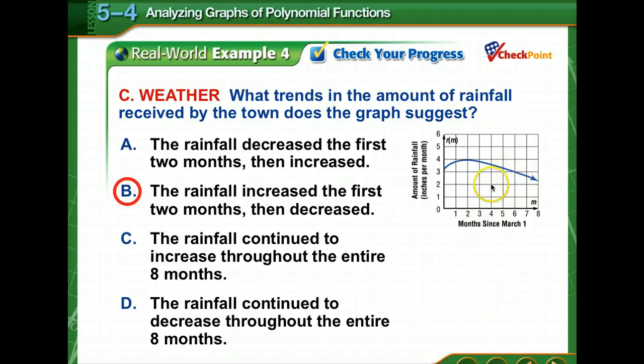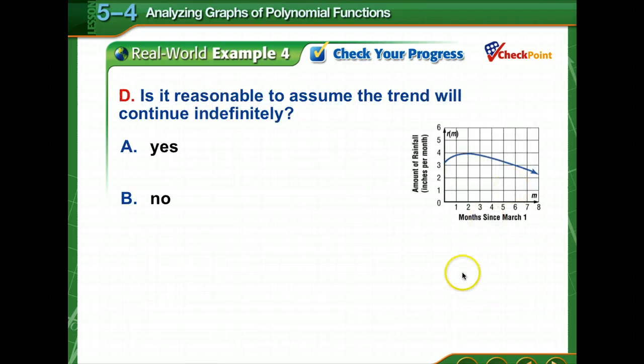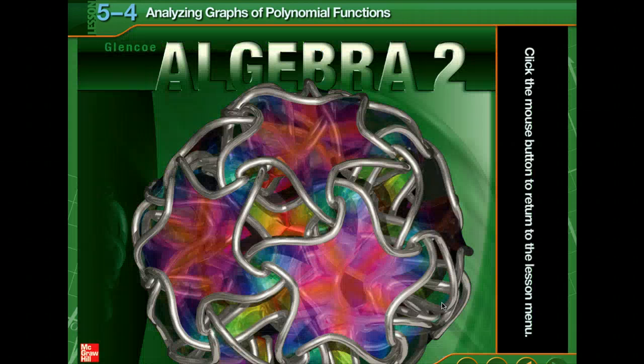So the rainfall looks like it increased the first 2 months and then it decreased. Is it reasonable to assume the trend will continue indefinitely? No. Now, if you could start predicting the weather that closely so that you could say this trend continues indefinitely, you could make the big bucks. All right, you're ready to begin the exercises.